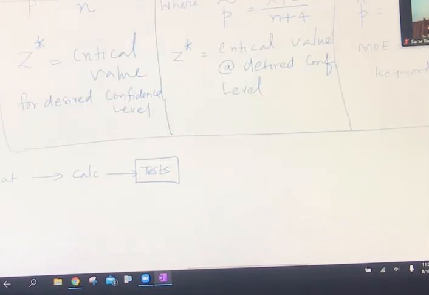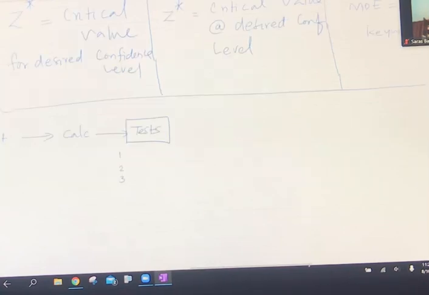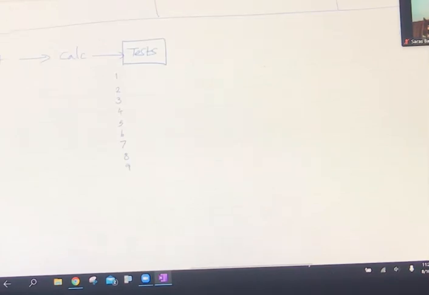I have options 1, 2, 3, 4, 5, 6, 7, 8, 9, then 0, and then the alphabet A. I am going to choose option A, which says 1-Prop Z Interval. This is the option that's going to be used in your TI.